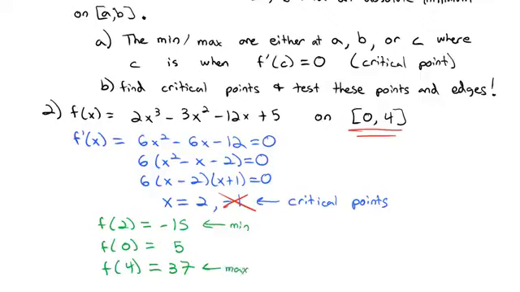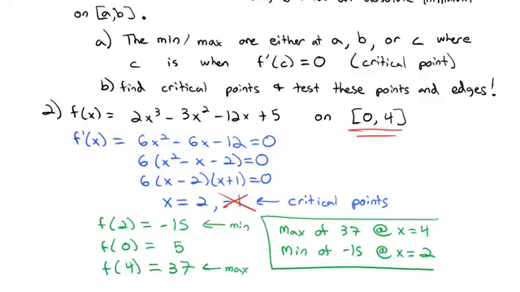We don't care about the 5, but we have a maximum of 37 at x equals 4. And we have a minimum of negative 15 at x equals 2. We've identified our minimum and maximum using the extreme value theorem, or EVT, for this function on this range.